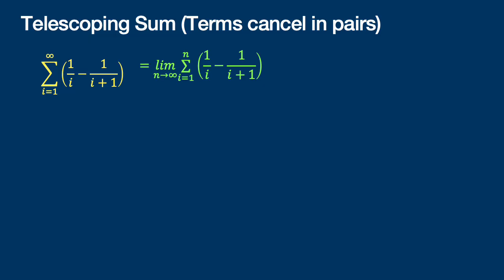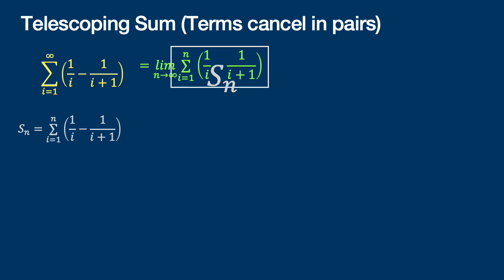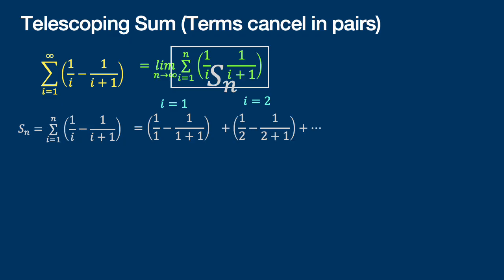The partial sum is the sum from i equal 1 to n of 1 over i minus 1 over i plus 1. We call that term Sn. Let's find the partial sum. What is going to happen with this partial sum? I'm going to expand this sigma. For i equal 1: 1 minus 1 over 2. For i equal 2: 1 over 2 minus 1 over 3.